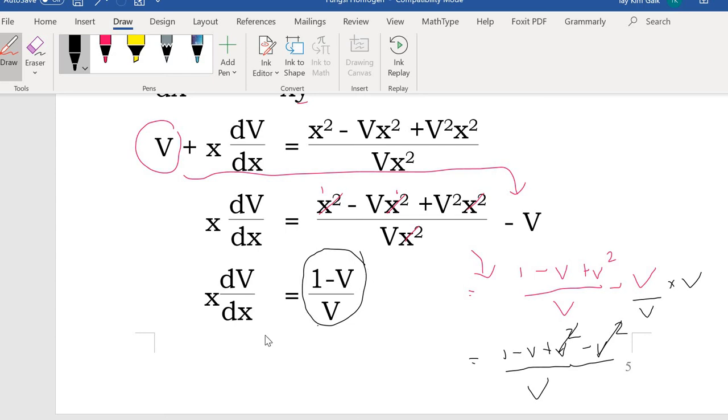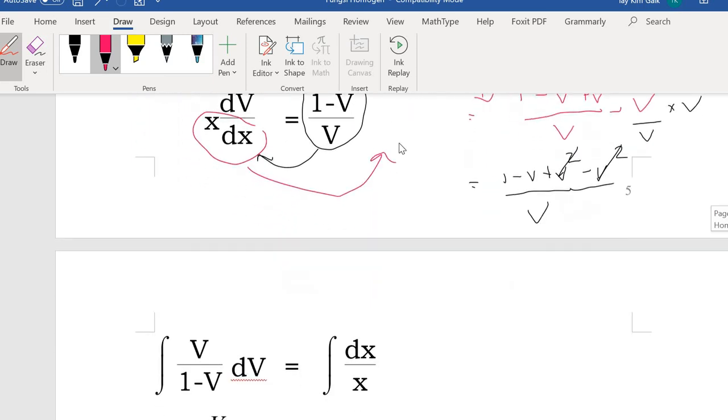So you can bring all these things to here, and then the x times x over dx you bring to the other side. So v 1 minus v over v bring to left side become v over 1 minus v, x over dx it become dx over x, and then we integrate both hand side.